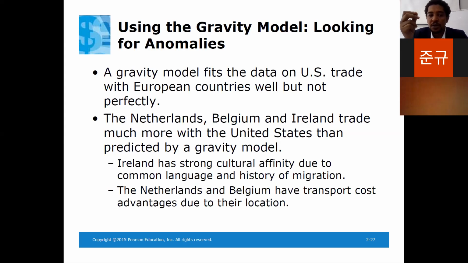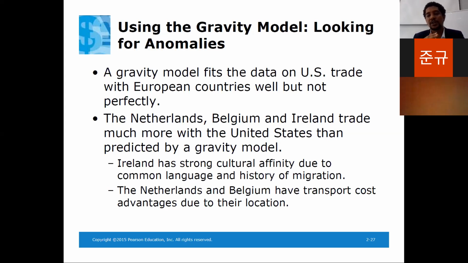But the value computed by this gravity model is not the right value. So there must be another explanation why this model doesn't predict the trade volume between the US and the Netherlands as well as it explains trade volume with other countries. This might be because there are other factors than the size of the economy that affect international trade, okay?